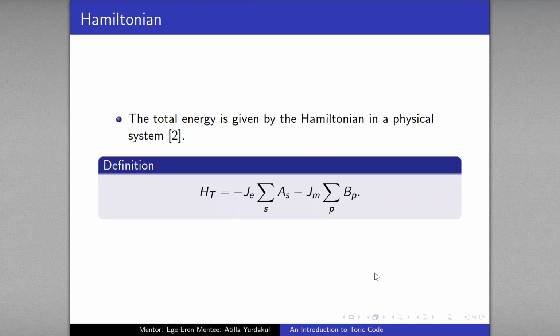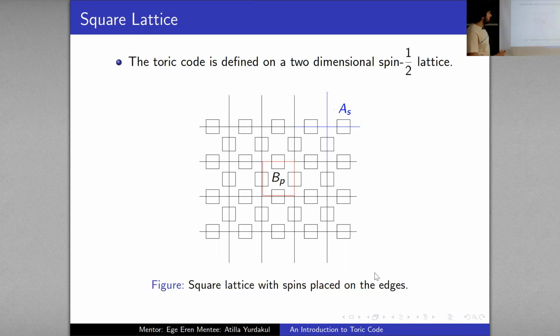The total energy of this physical system is given by this Hamiltonian, where these are the star and plaquette operators, and S and P are the stars and plaquettes. These are stars and these are the plaquettes.